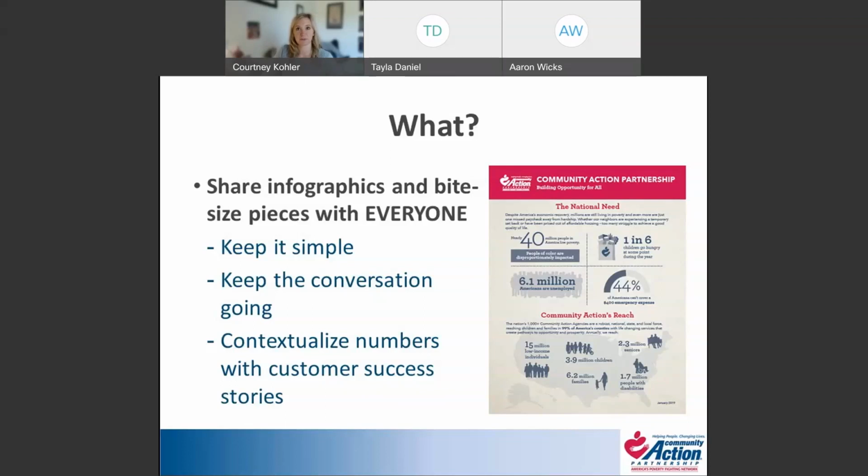So just simply providing data and numbers will sometimes fall a little bit flat. But if you're able to contextualize it with customer success stories, or even if it's not necessarily a success, but stories, that can really help to get the attention and get to the meaning, where it makes meaning for people.